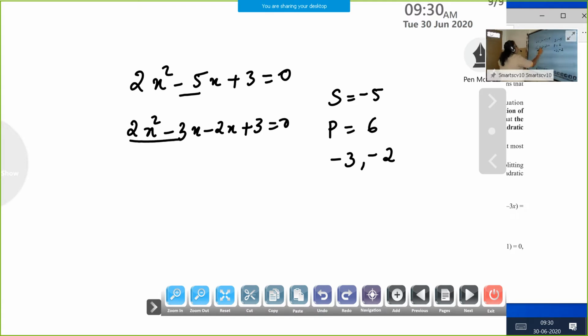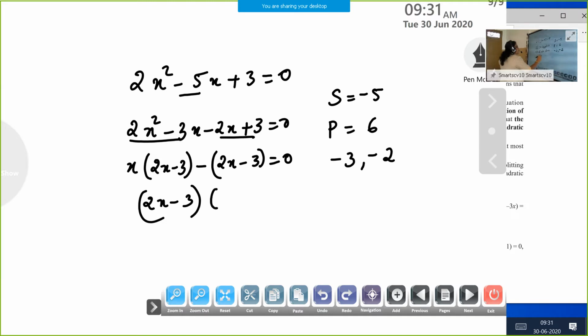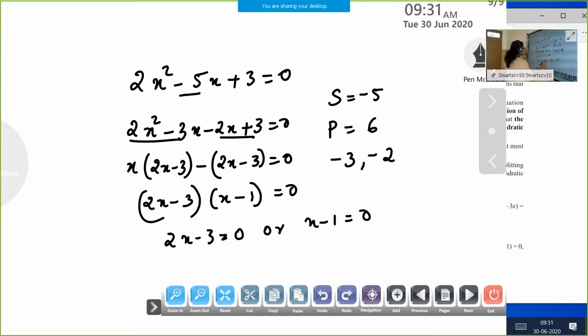Here x is common in the first two terms: x(2x − 3). In the last two terms, negative 1 is common: −1(2x − 3). Now 2x − 3 is common, and the remaining is x − 1. So (2x − 3)(x − 1) = 0 means either 2x − 3 = 0 or x − 1 = 0 or both.